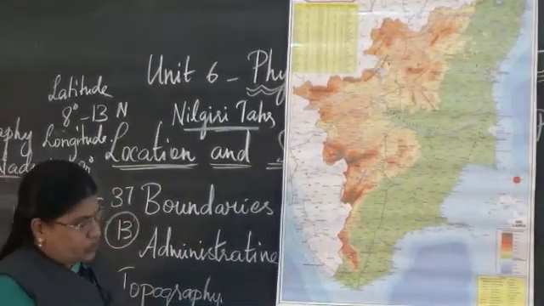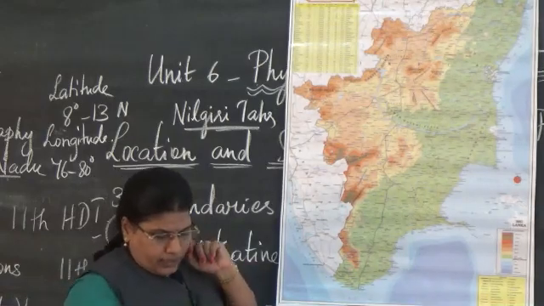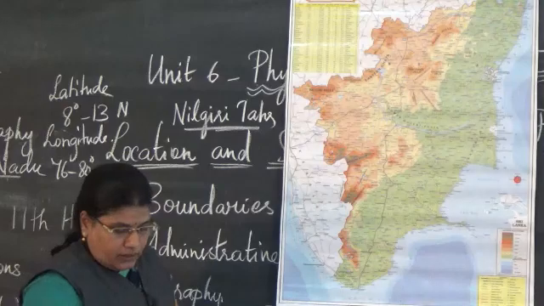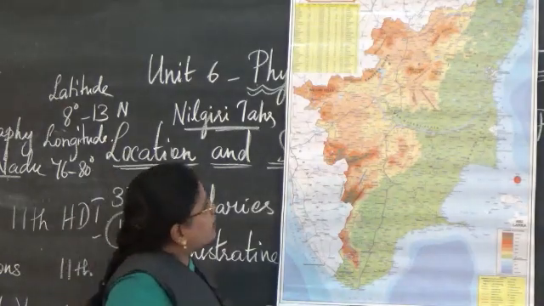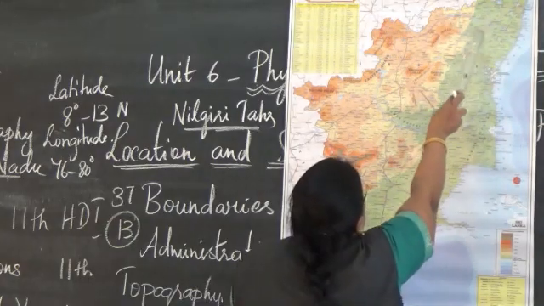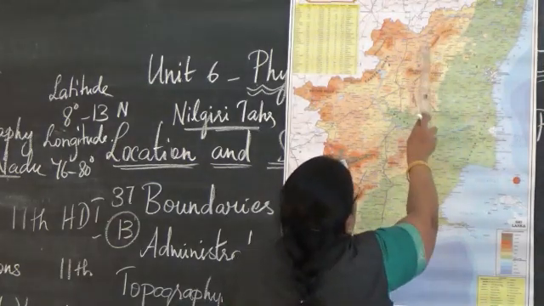The first one is the Javadhu Hills. It is the extension of the Eastern Ghats from Vellore and Tiruvannamalai district.